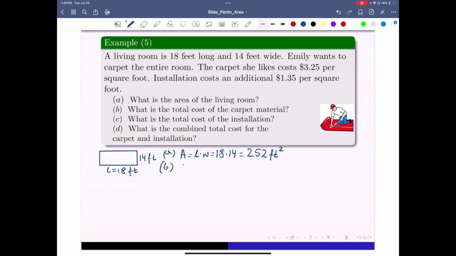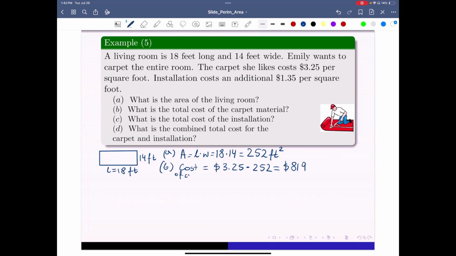So cost of the carpet would be $3.25 times 252 square feet. And if I multiply this, I believe I'm getting $819. So this is cost of carpet.